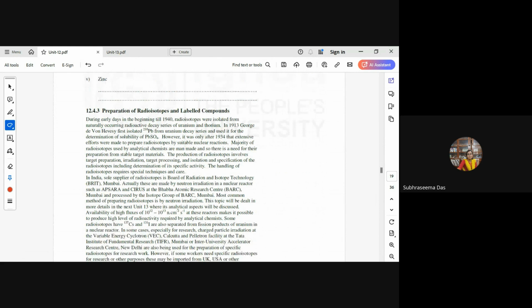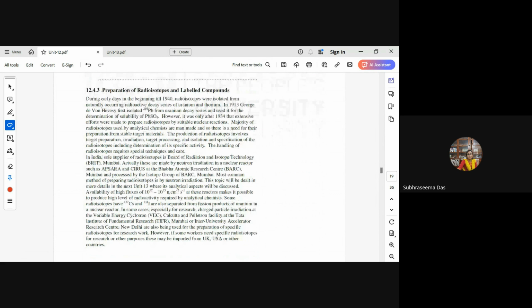However, in 1913, the first isolation of a radioactive isotope was done from Pb 210, and it was used for determination of the solubility of PbSO4. Then extensive efforts were made to isolate radioisotopes, and further studies have indicated some major developments in this area.